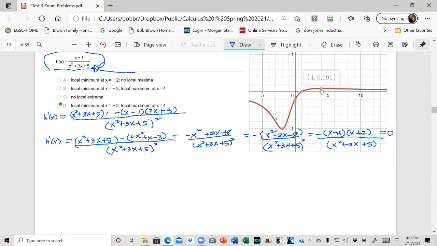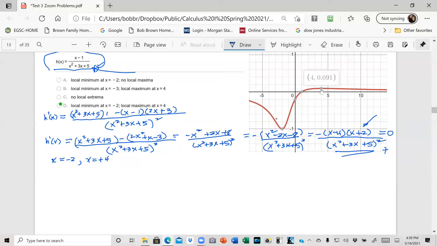The only way it can be 0 is for x to be minus 2 or plus 4. Notice that the denominator squared is always positive, so we can determine whether the function is increasing or decreasing by looking at the sign of the numerator. So now we're going to figure out which one is relative min or relative max.